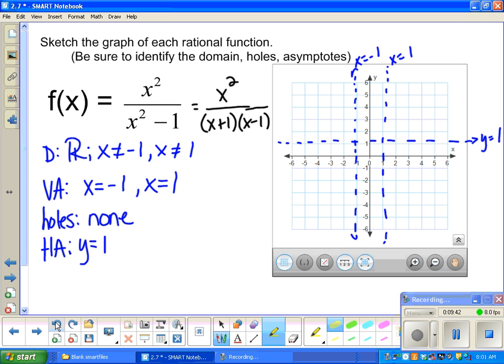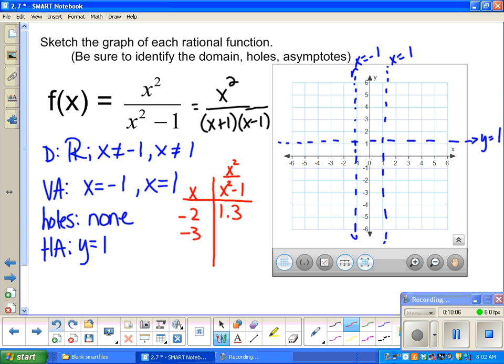I'm going to start first with the left. And I'm going to choose -2 and -3. And I get approximately, when I enter -2 into my function, comes out to 4/3 or 1.3.